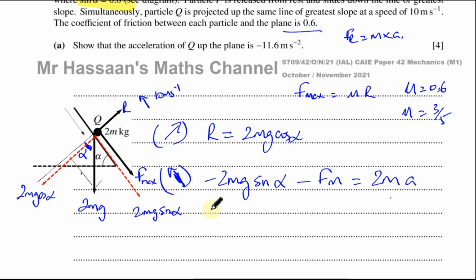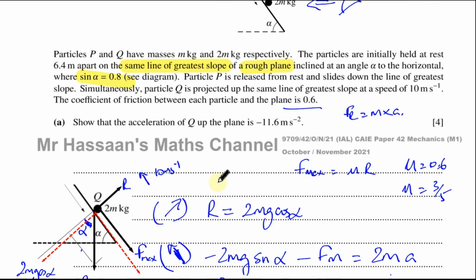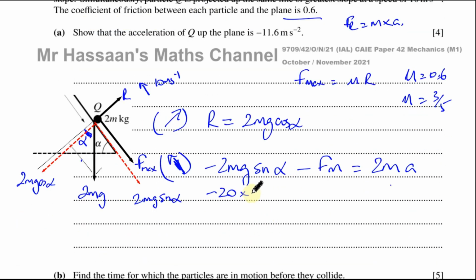So we have minus 2m times 10, so I'll say minus 20m. Minus 20 times sine alpha, which was 4/5. Yes, 4/5. Minus 20 times 4/5 times m. I've used a g here. G is equal to 10.